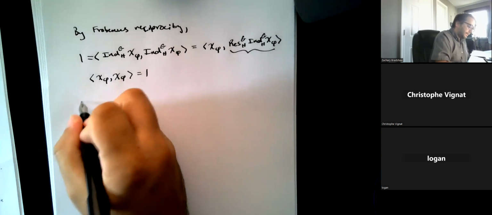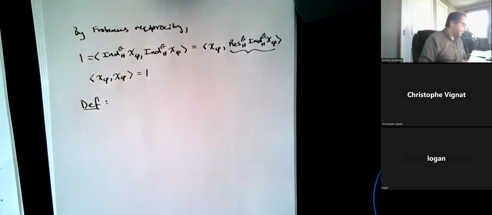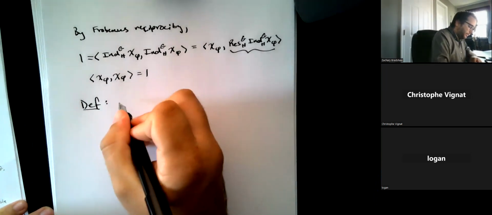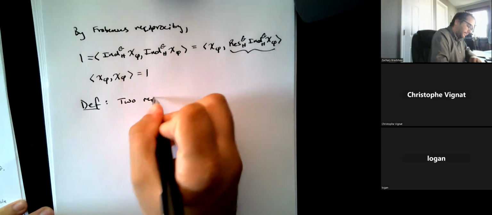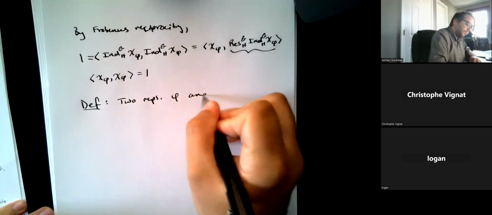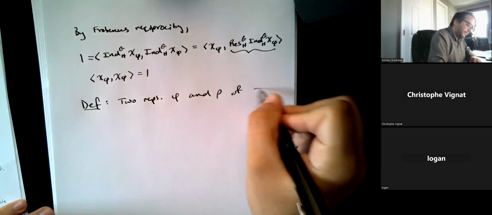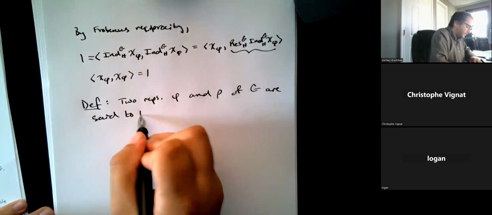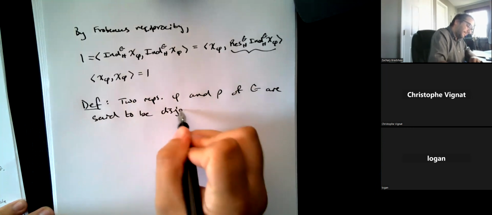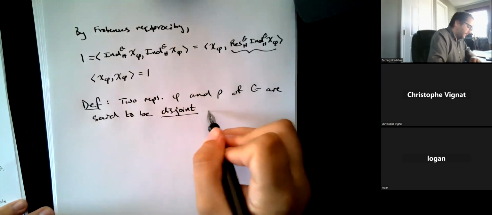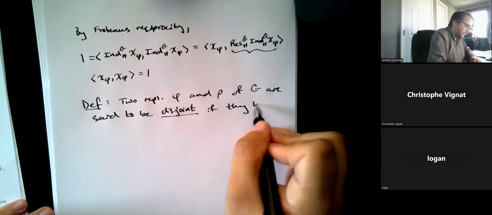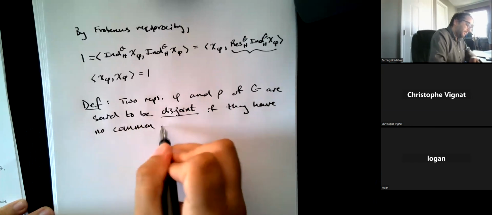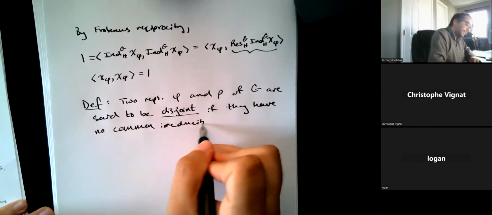Okay, so this is where things get, I think, a little difficult. Two representations, phi and rho, of G are said to be disjoint if they have no common irreducible constituent.